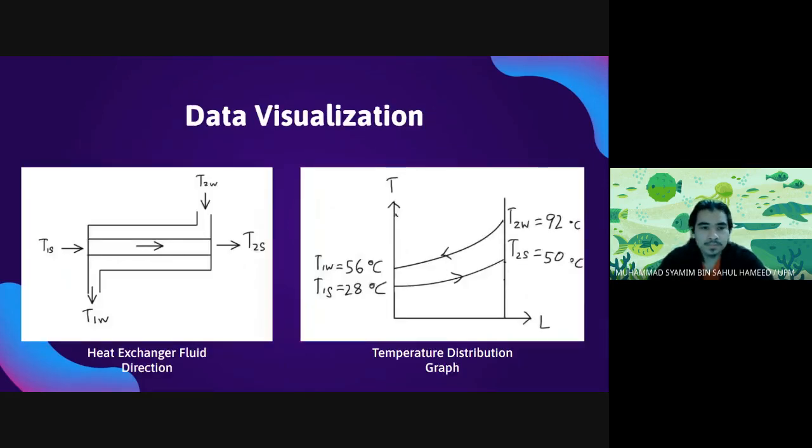From this information, we can visualize how the heat exchanger looks in a simple diagram, and then put in a simple graph of its temperature distribution, whereby the left side is T1, where the sludge enters, and the right side is T2, where the sludge exits.